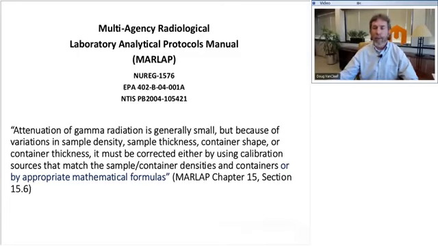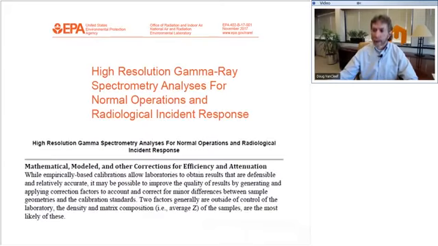This manual contains guidance for radiochemistry measurements endorsed by a majority of federal agencies. And more recently, the EPA has published a very nice guide called the High Resolution Gamma Ray Spectrometry Analysis for Normal Operations and Radiological Incident Response Manual, which has a lot of great information in it, including a very useful discussion on mathematical modeling. And just in case you're wondering, yes, that's available online too.